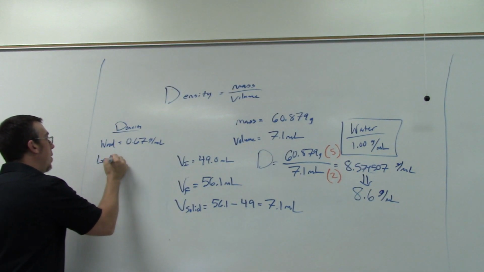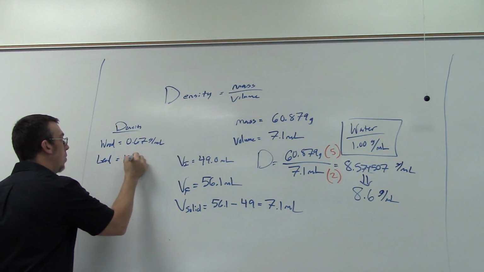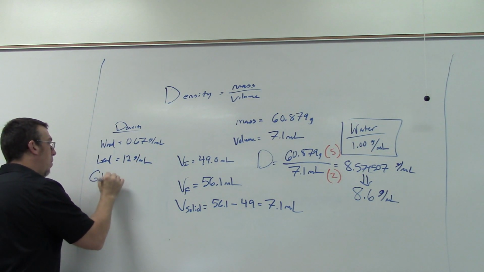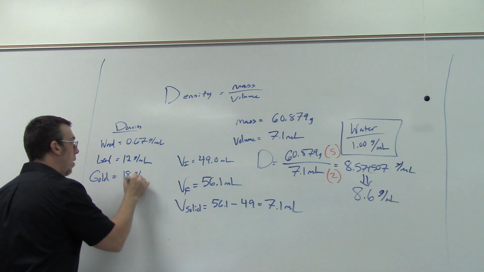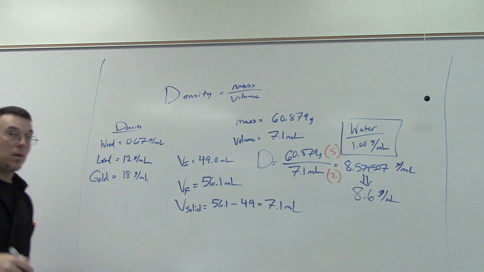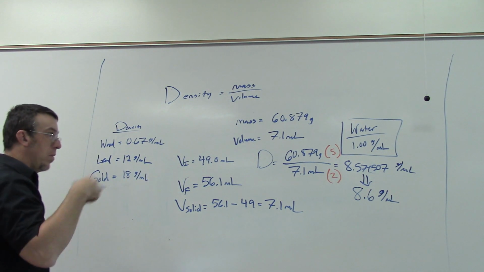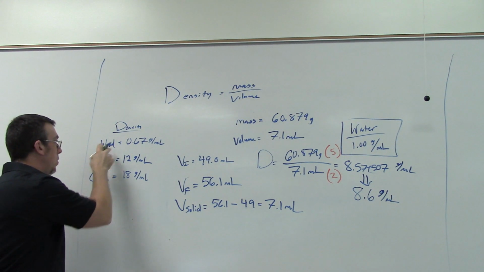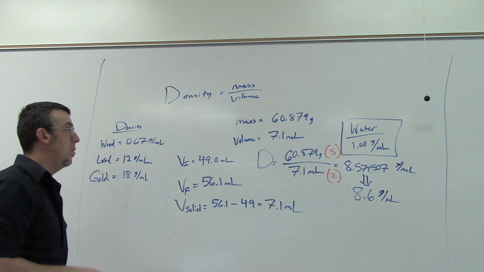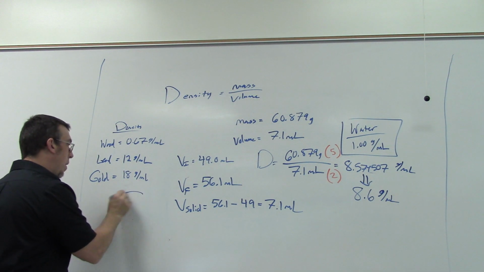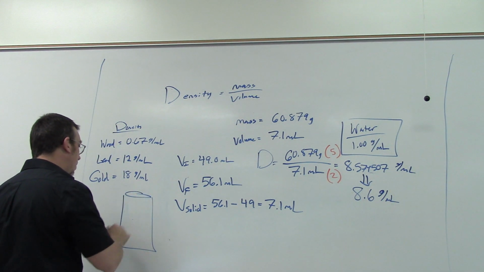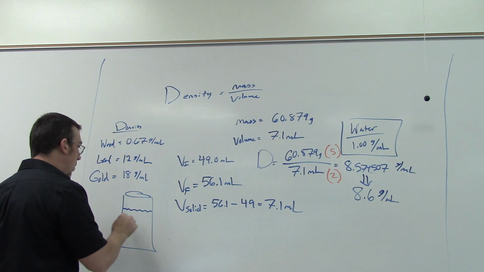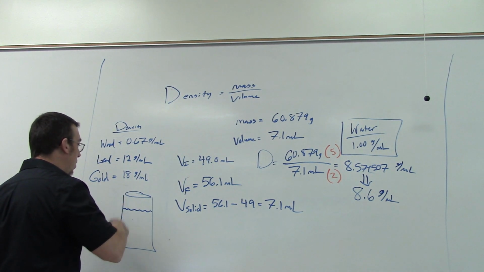Lead would be on the order of 12 grams per milliliter. Gold is upwards of around 18 to 19 grams per milliliter, and it's a very dense object. That's why we are able to separate it when we pan gold. So when you compare these 3 objects to water, what we'd expect is that if we had a cylinder with your water present here, the water is going to be sort of in the middle.